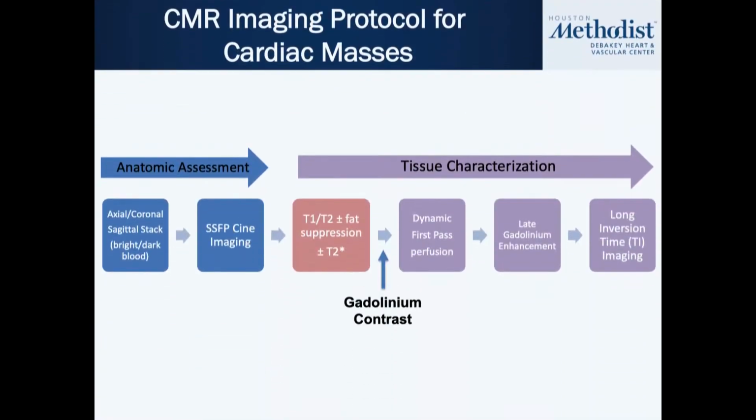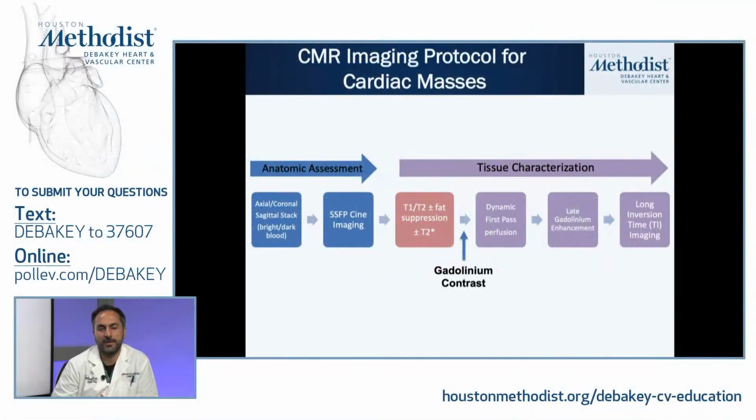So how do we protocol a study in order to assess a cardiac mass? Usually, a patient comes to the MRI lab having already had an echo, and they know there is something there. They know it's a mass, but they're not sure if it's a pseudo-mass or a mass. So we need to apply a certain protocol to characterize this. The protocol is usually divided into an anatomic assessment and a tissue characterization part.